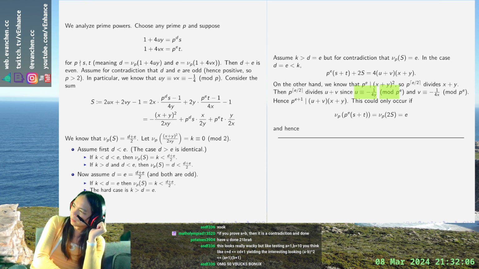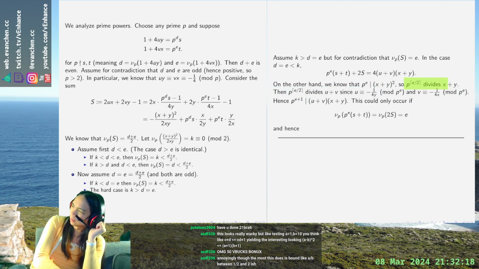So like this equation, p to the e halves divides x plus y.